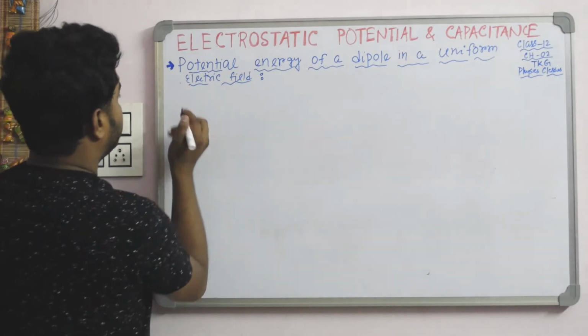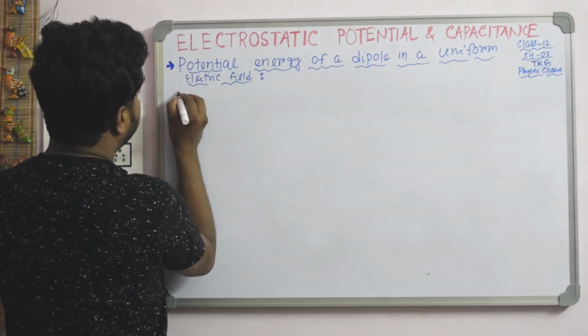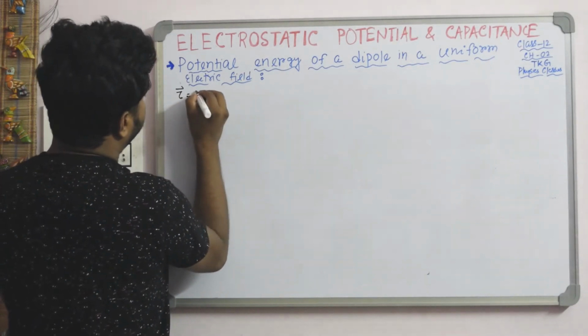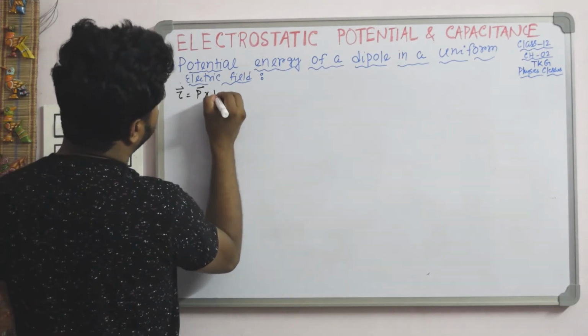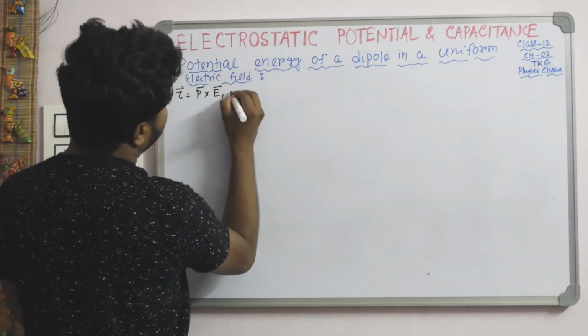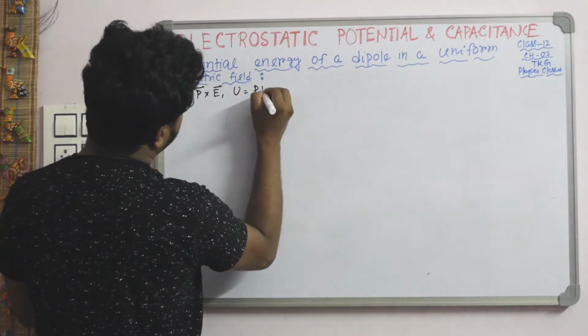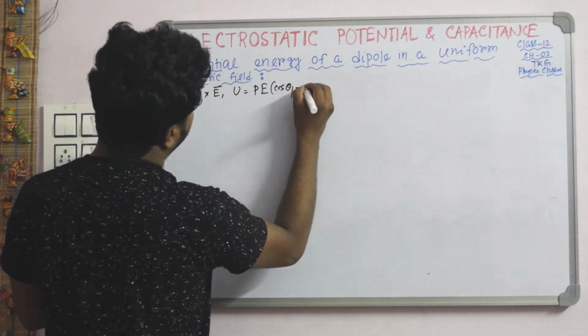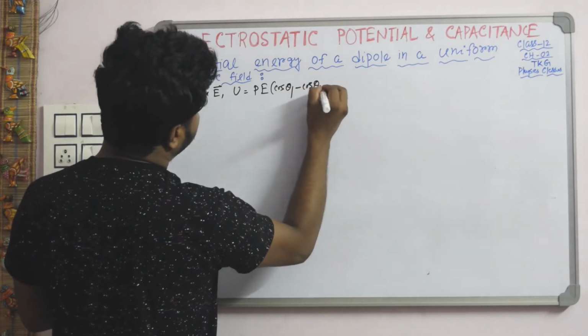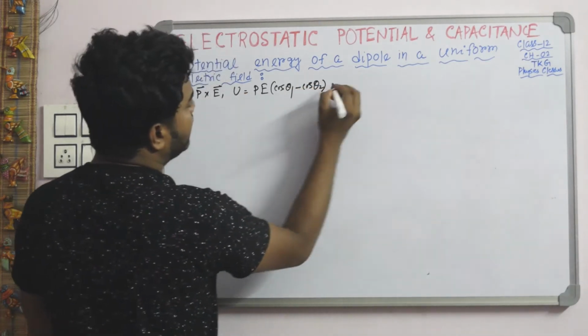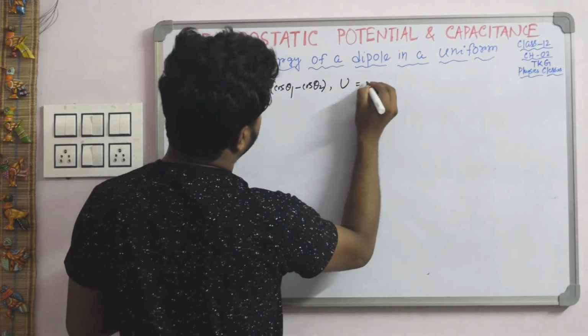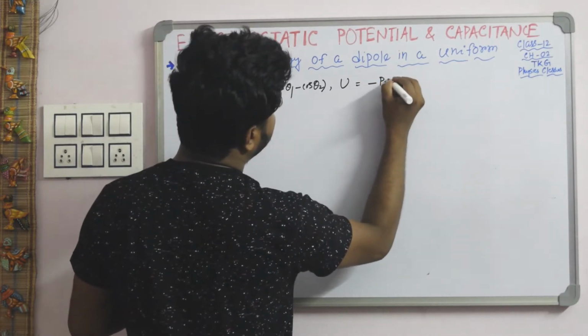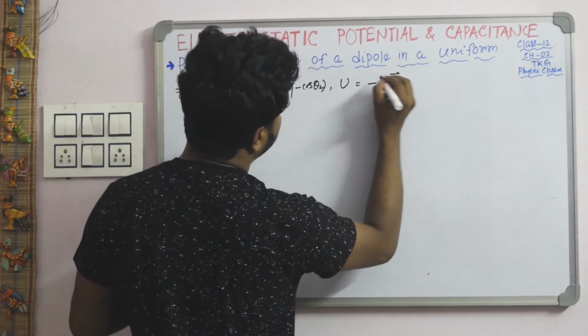The expression of torque tau is P cross E, the expression of U is PE (cos theta 1 minus cos theta 2), and after that we calculate U, that is minus P dot E.